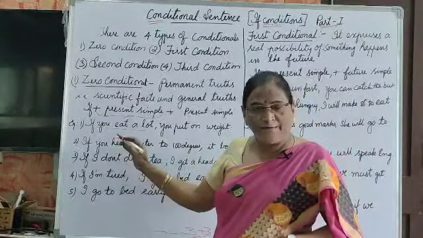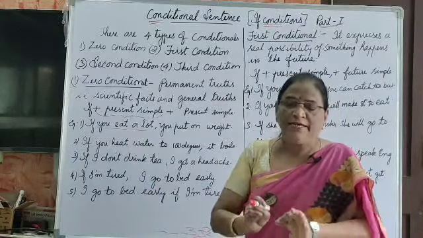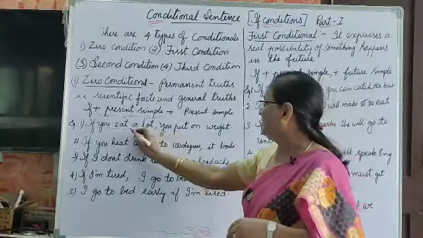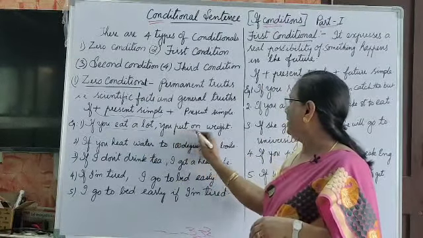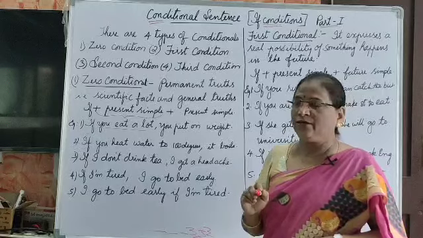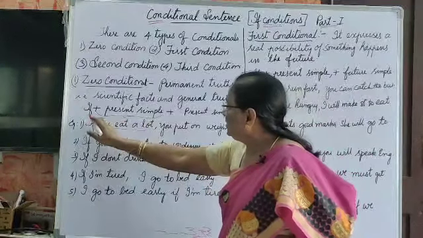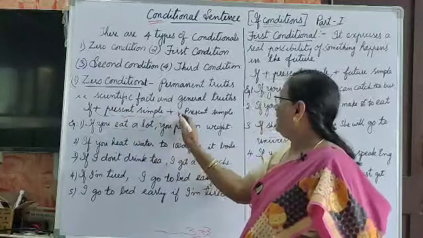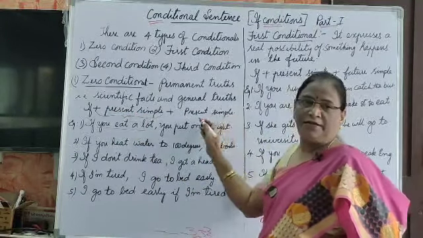The if clause is a subordinate clause or a dependent clause, and this is the main clause. So the structure is if plus present simple, plus present simple, the continuation.